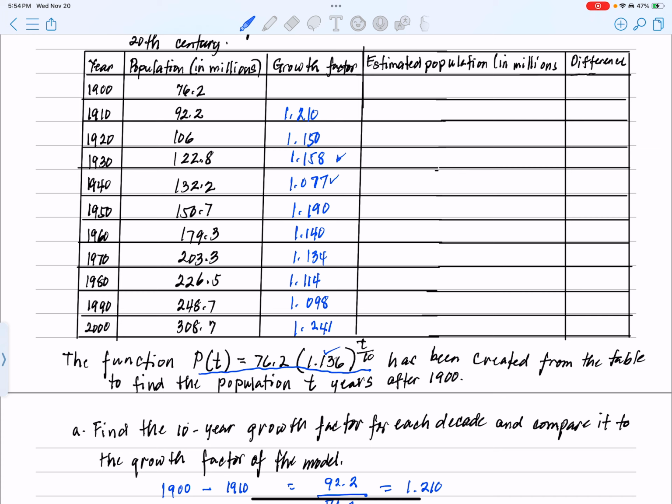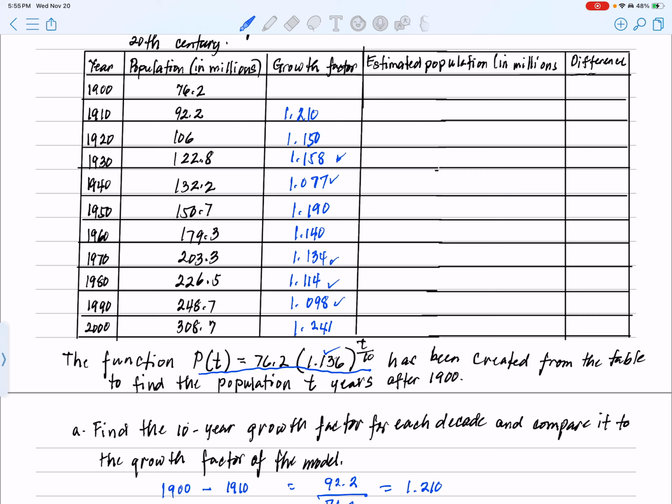So 1.077 is less than 1.136. And for 1960 to 1990, we have 1.134, 1.114, and 1.098. That means 1.136 is greater than these growth factors in the years that are mentioned.